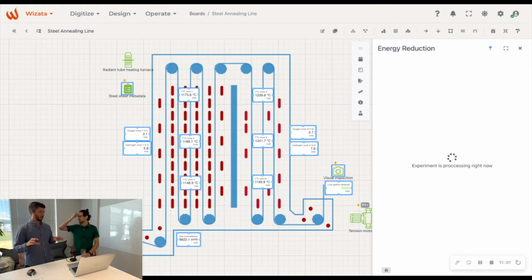Basically, the algorithm will create some kind of classification between these two and create some rules. It's a bit smarter than rules, but kind of if-else conditions that will say when you have this combination of chemical composition, this atmosphere composition, and this current temperature, you can lower your temperature by a few degrees. Okay.